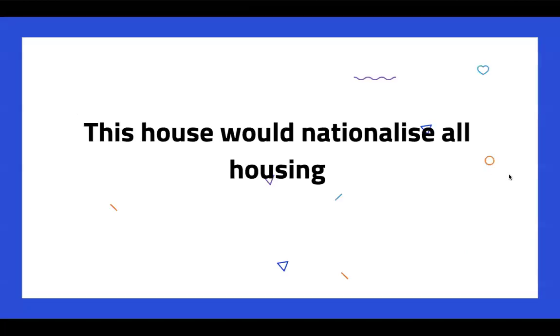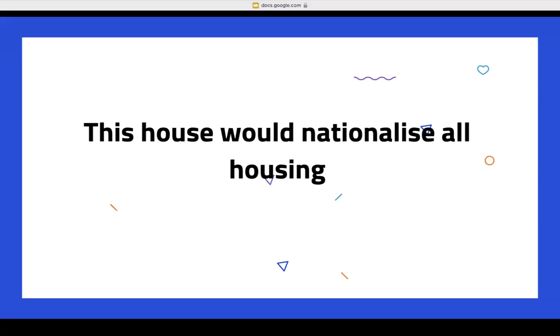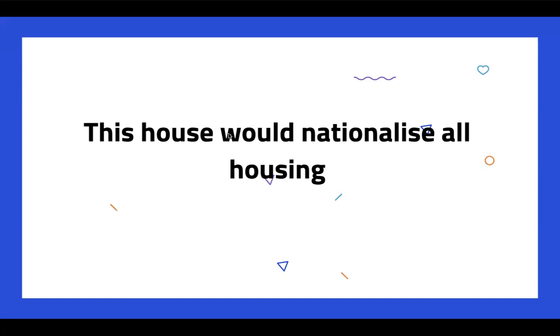So let's look at an example motion. This first motion is this house would nationalize all housing. Does anyone in the room have any ideas what the arguments for the proposition of this motion could be?